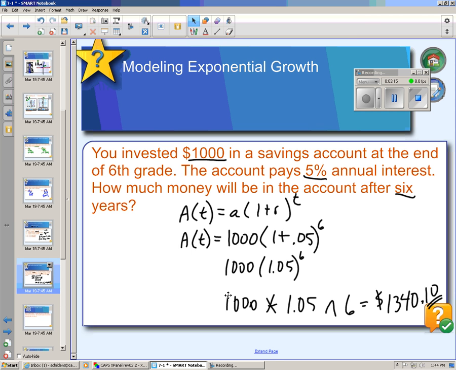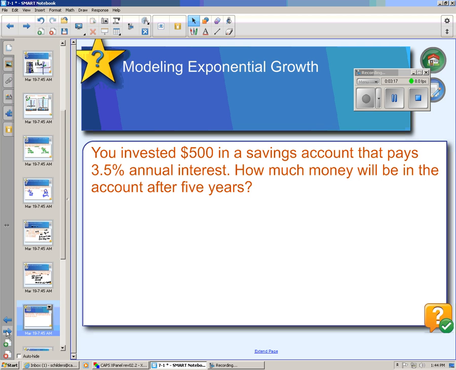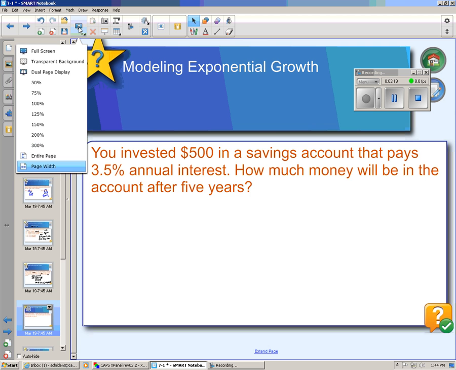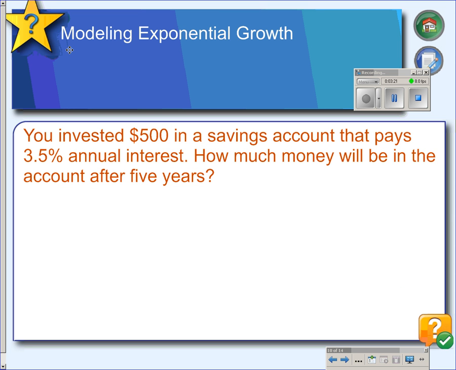Okay, next example. Suppose we invested $500 into a savings account. This time it pays 3.5% annual interest, and we're going to leave the money for 5 years. So we're, again, trying to calculate a final amount. We're starting with 500. Our rate is 3.5%.